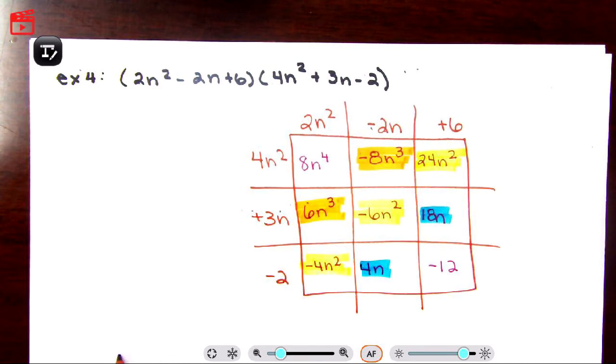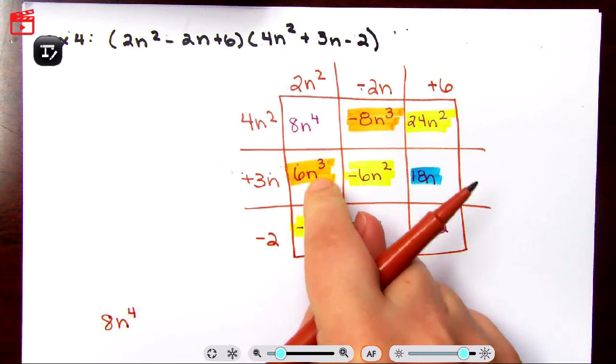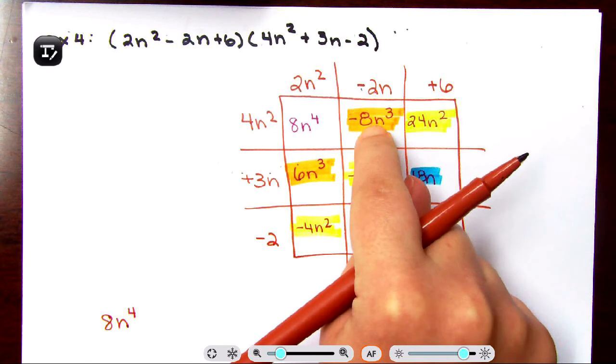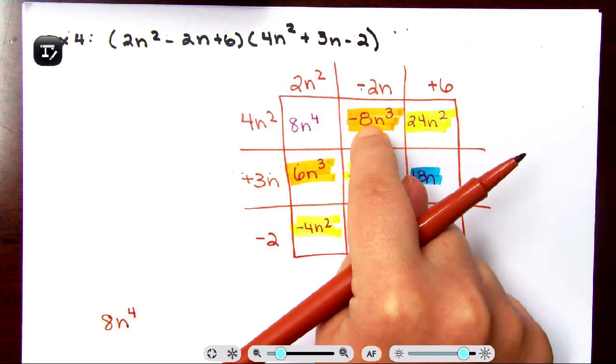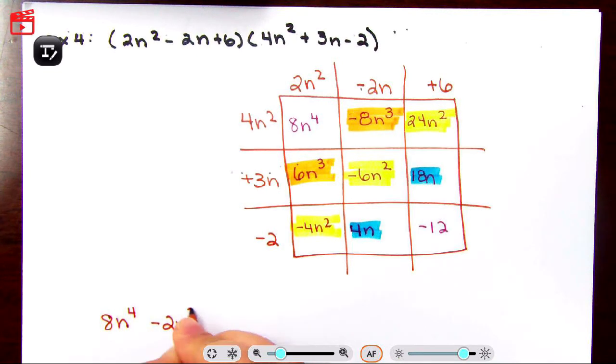So let's start writing this out. I have 8n to the 4th power. I'm going to combine these. So I have 6n cubed, and I have negative 8n cubed. So negative 8 and 6 gives me negative 2n cubed.